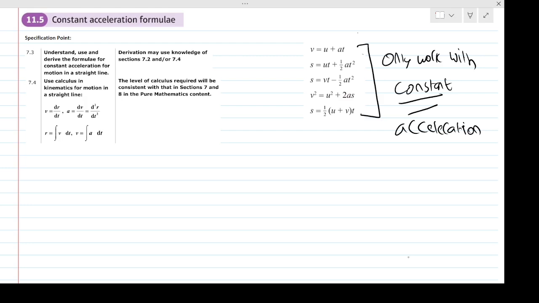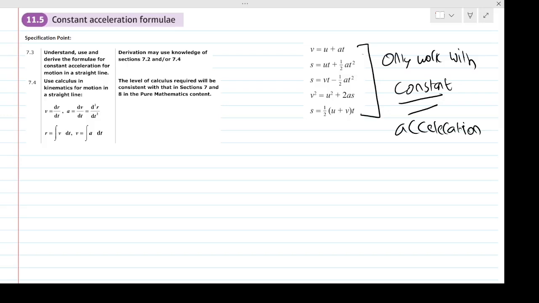So we can't use Suvat formulas to solve problems we've seen in this chapter when it's variable acceleration, but actually we can use calculus, the techniques we've seen in this chapter, to go back and solve constant acceleration problems as an alternative to Suvat.